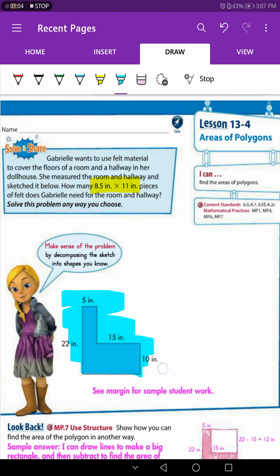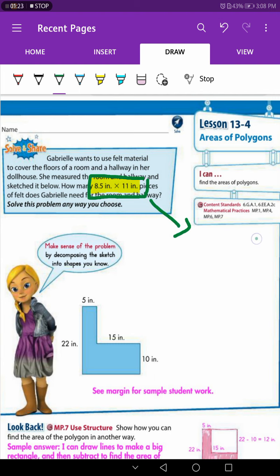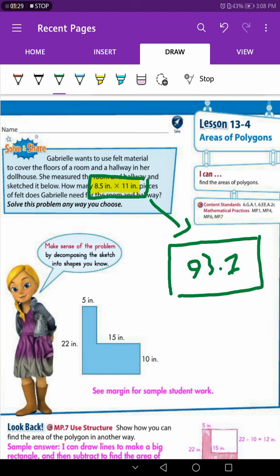Okay, my dear students. Okay, teacher, what is this 8.5 inch multiply 11 inch? It represents an area. So you have to find the product of two numbers. If you multiply them, you get 93.7 inch square.